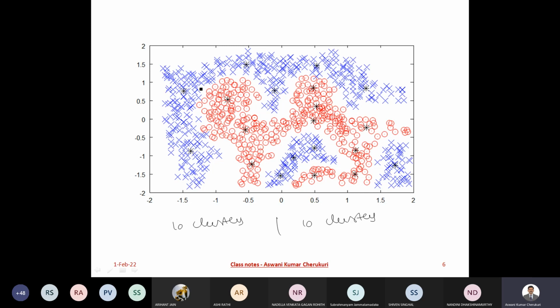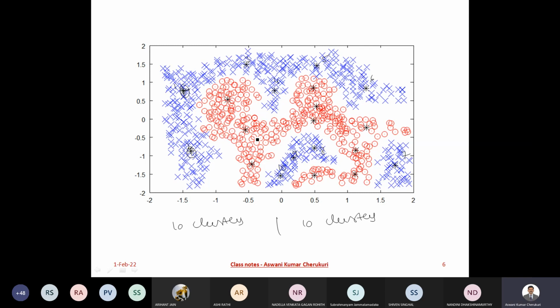Now you can notice this is one particular cluster, shown with an asterisk. Are you able to see that? Yes, sir. So this is one particular cluster center. This is 1, this is 2, this is 3, this is 4, this is 5, this is 6, this is 7, this is 8, this is 9, and this is 10. So totally 10 clusters for blue, and similarly 10 clusters for red.